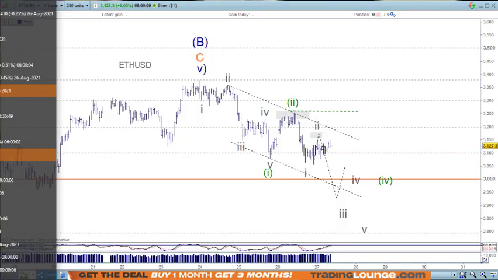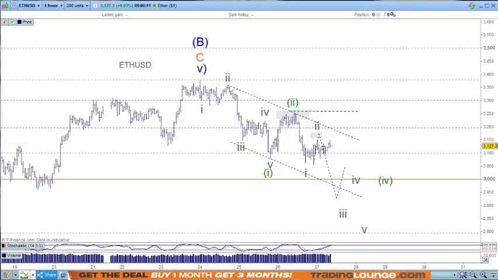Ethereum as well. This is a 1 hour chart, so it's a bit more bulky. I need to clean this up a little bit. We've been counting 5 waves down for wave 1 and 2 here, and then 1 and 2.